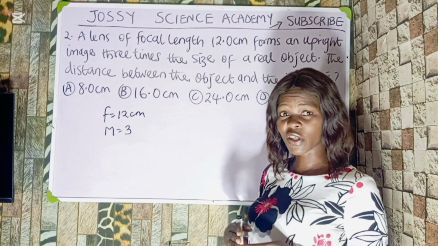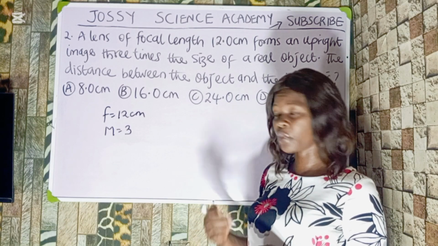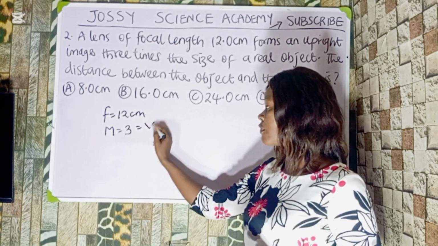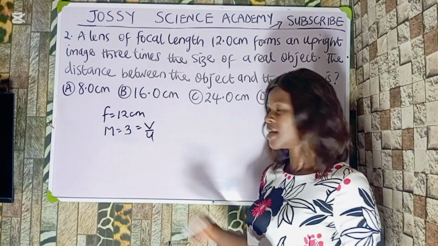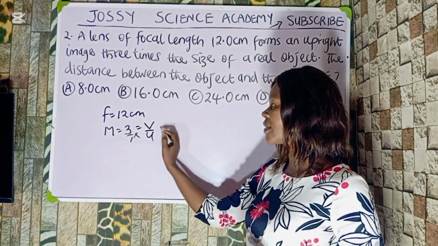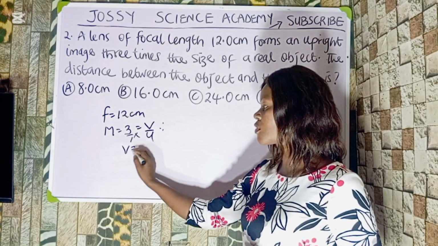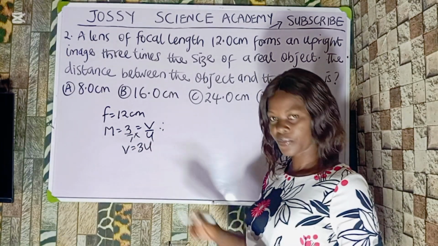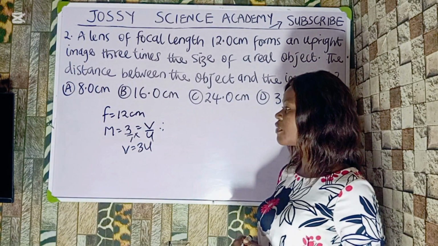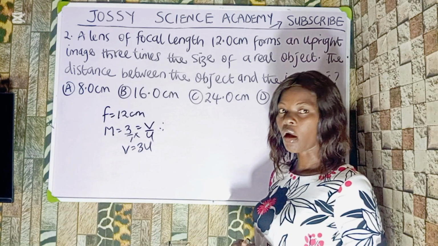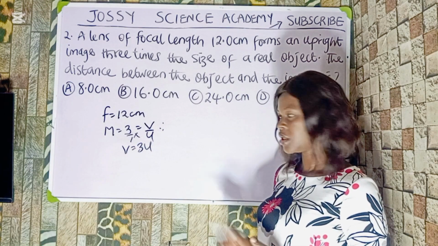And remembering that magnification is image distance over object distance, that is V over U, right? Now if you cross multiply, my V is equal to 3U. Is that clear? Now what are we looking for? The distance between the object and the image. Now let's go.